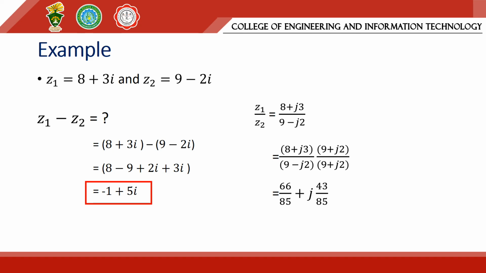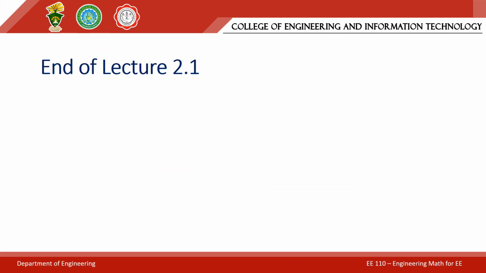Thus, we'll just have to get the conjugate of our denominator. So in this case, the conjugate of 9 minus j2 is just 9 plus j2. Then apply the basic concept of mathematics and you will get the answer 66 over 85 plus j 43 over 85. So that would be the end of lecture 2.